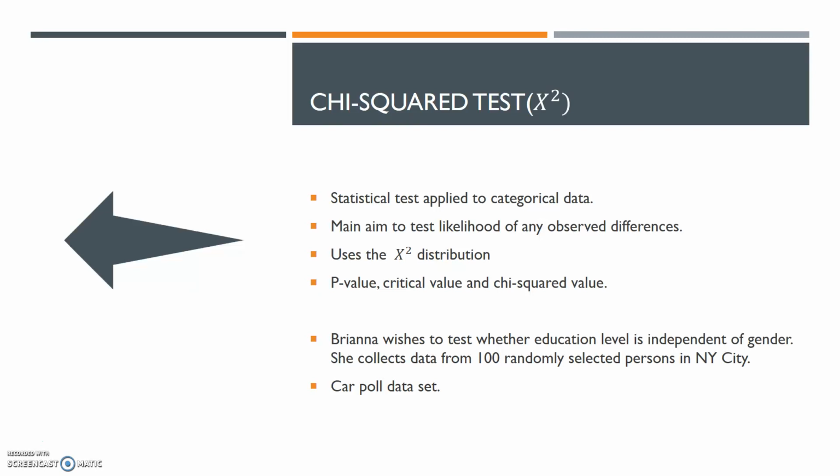Now in gender, what do we have? We have male and female, which are the two common gender types. And then educational level could be uneducated, GED, bachelor's, master's. So those are the kind of scenarios where the chi-square test will be a good test to use to try and test any likelihood of differences.